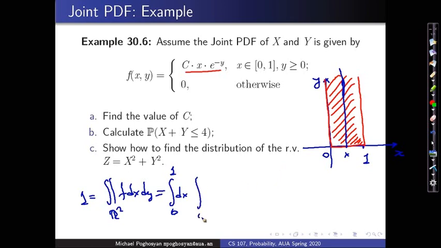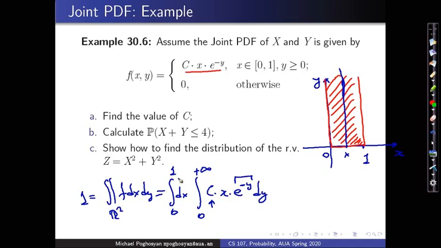So I will have from 0 to plus infinity c times x times e to the minus y, dy. It is easy to calculate this integral because the integration of e to the minus y is easy. So you will find the value of c easily from this equation.